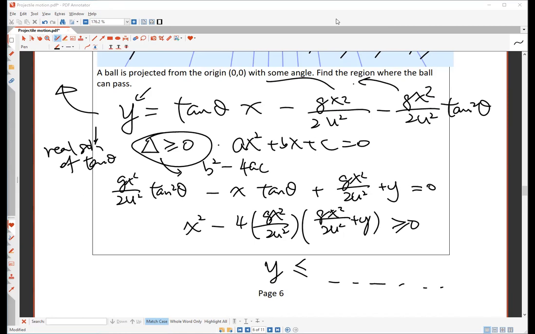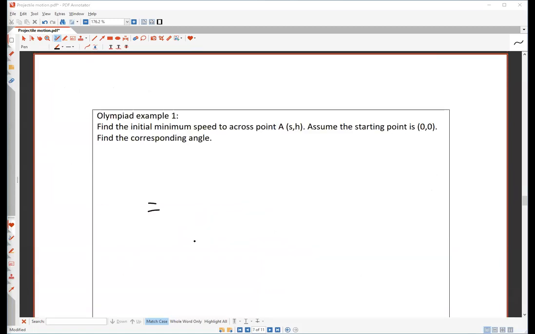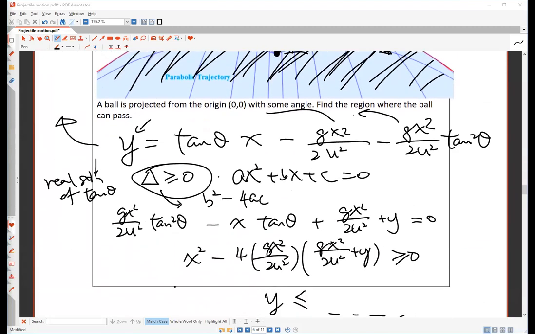Simplify. What I mean is just make y the subject of the equation. What you can do first is delete the x on both sides. I need to use this result because I need to do the next question.